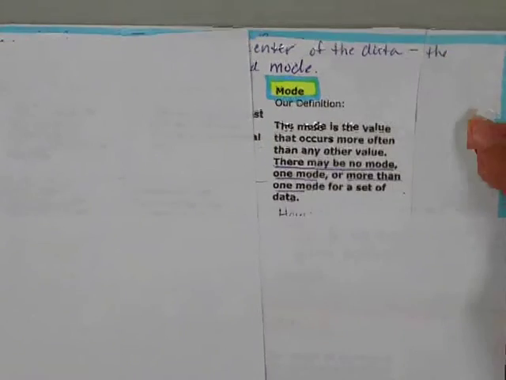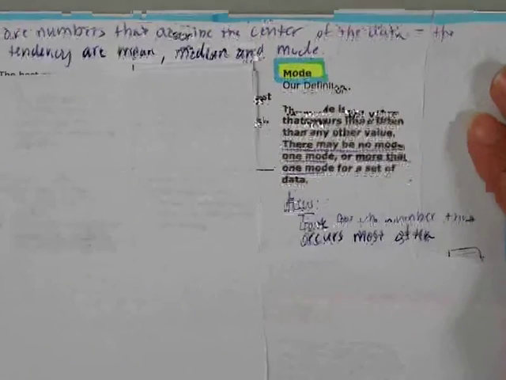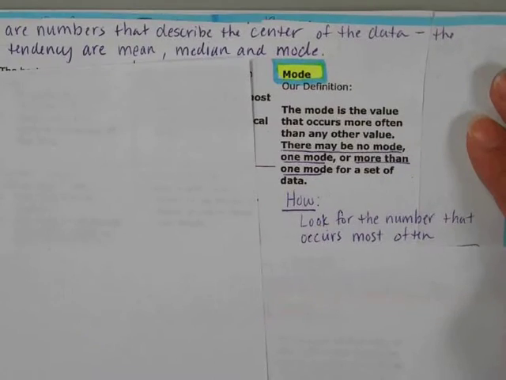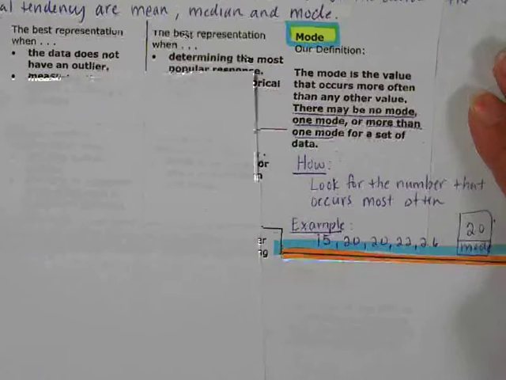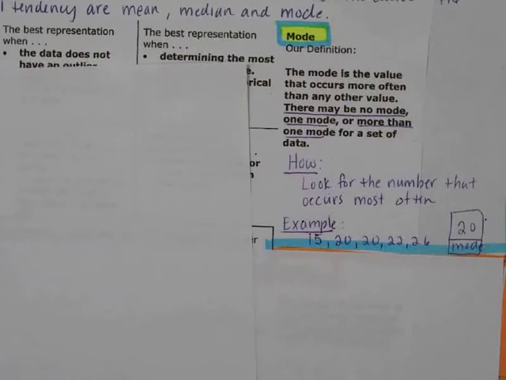So how do we find the mode? We're going to look for the number that occurs most often. So for example, we have a data set 15, 20, 20, 22, and 26. Because 20 occurs most often, that is our mode. And remember, you can have no mode, one mode, or more than one mode.